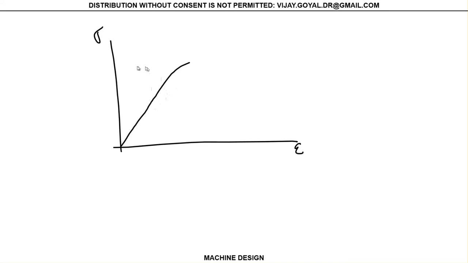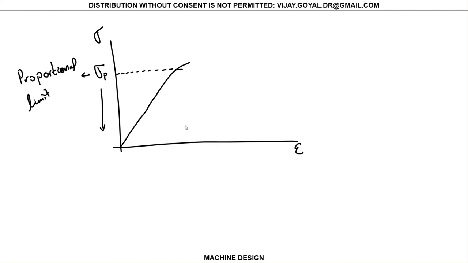You're going to stay in the linear realm, and you're going to be below your proportional limit. So this is the proportional limit, and any stress below this will be completely valid.